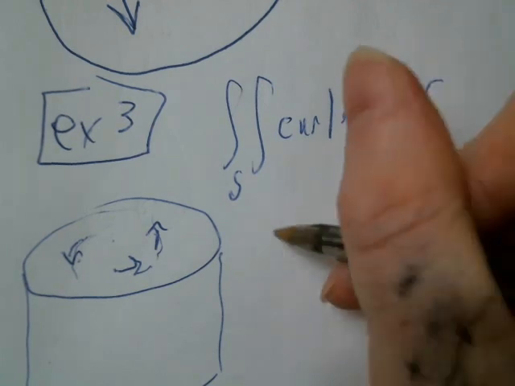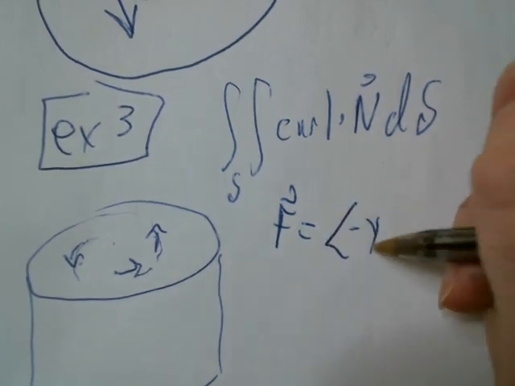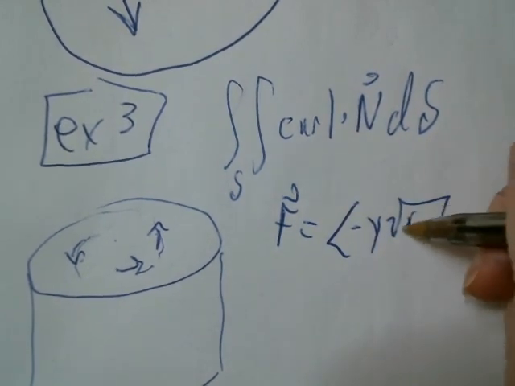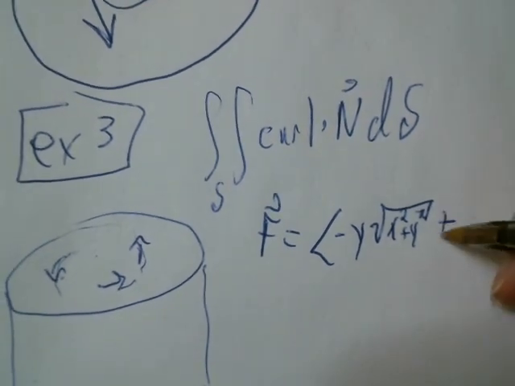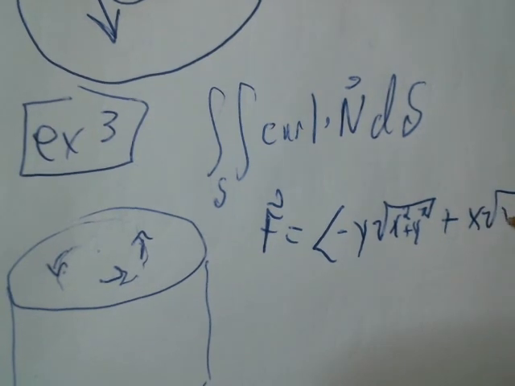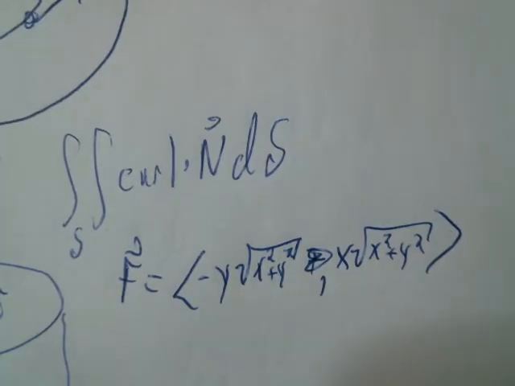The vector field they're giving us to work with is not very nice, but life is like that. It's negative y times the square root of x squared plus y squared, and the second component is x times the square root of x squared plus y squared. They're saying that the cylinder has a radius of 2.